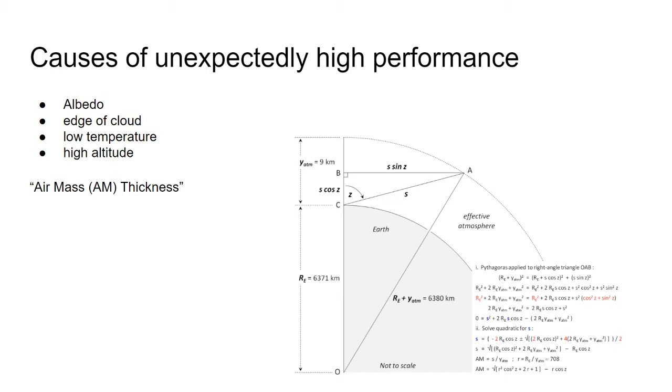And there are certain effects that can boost the production of a solar array momentarily. Just how the sunlight wraps around the edges of clouds can cause a fluctuation in performance.